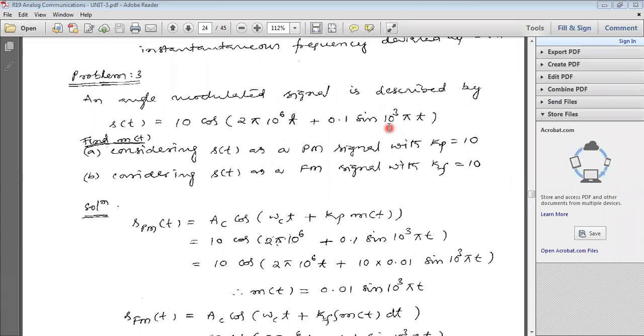So this is the modulated signal. Find m of t, that is the message signal.